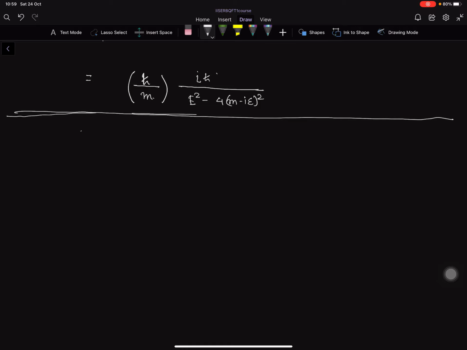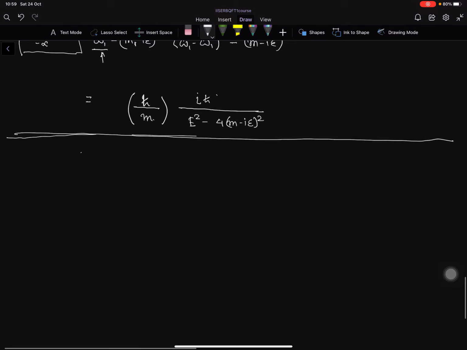So we are trying to do, okay, actually let's do something else. The details are given in the notes. Let's say you want to compute the 2-point function of two such operators.